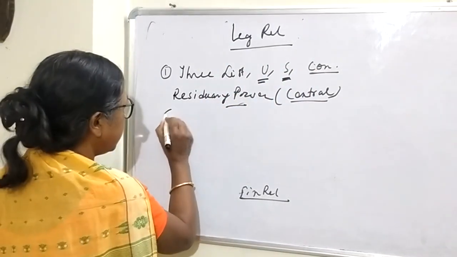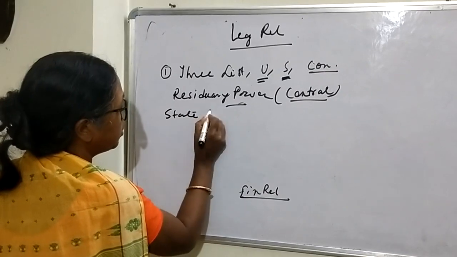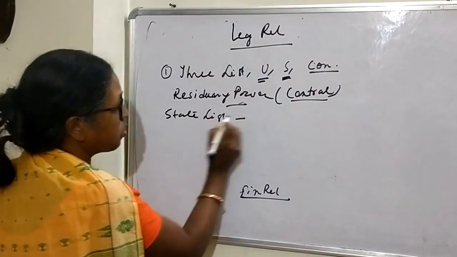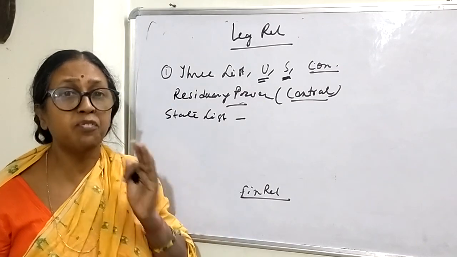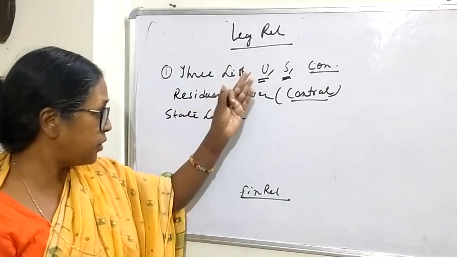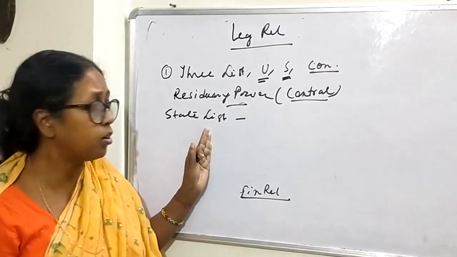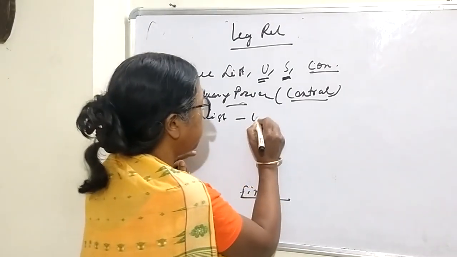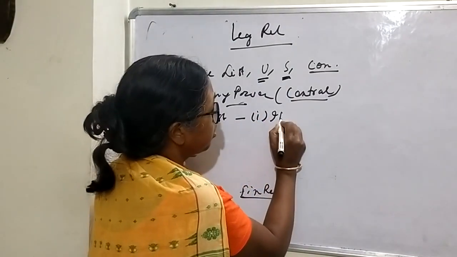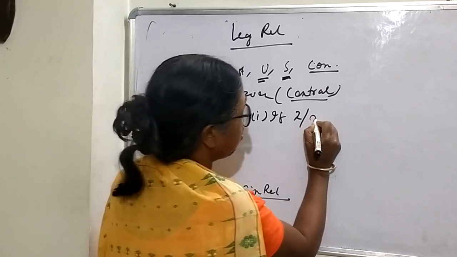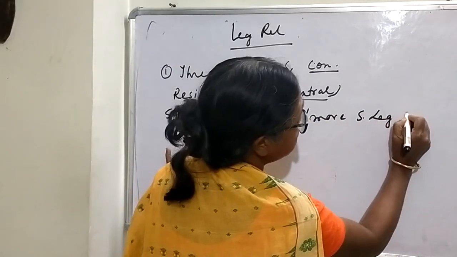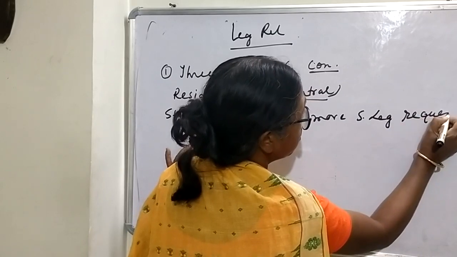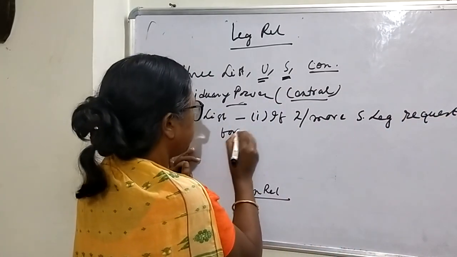Then, in case of the state list also, the central parliament can frame laws. The central parliament can frame laws on the state list, number one, if two or more state legislatures request for the same.